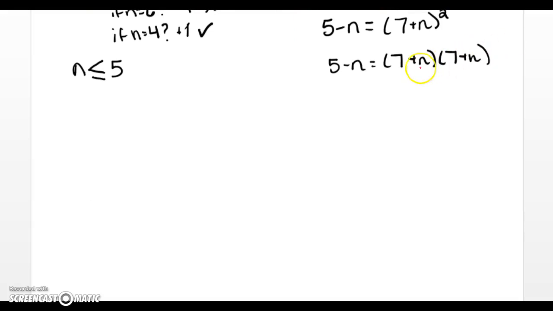In order to simplify this right-hand side, we're going to use that technique called FOIL. You have two binomials multiplying by each other, so you're going to use FOIL. You're going to multiply your first terms. So we have 5 minus n is equal to 7 times 7, which is 49.